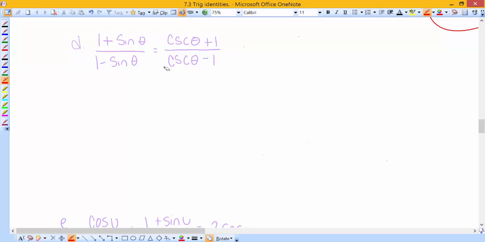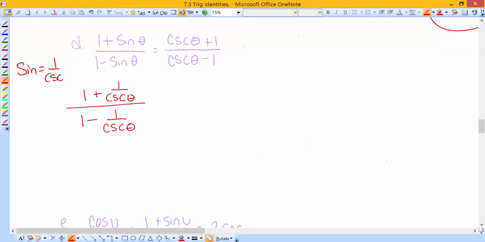Well, if you look at your reciprocal identities, sine equals 1 over cosecant. Well, that actually might be helpful. So I'm going to rewrite 1 plus 1 over cosecant over 1 minus 1 over cosecant. So sine, both of the sines got replaced with 1 over cosecant.